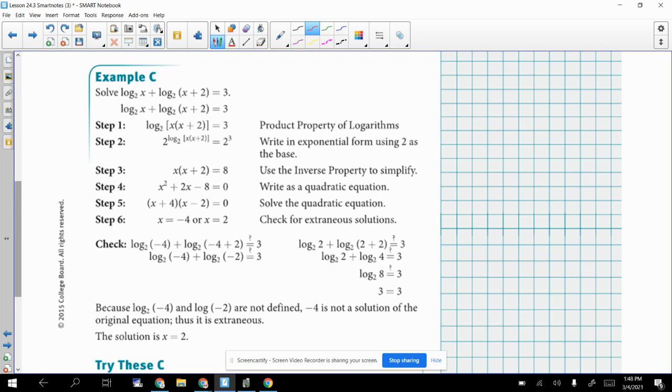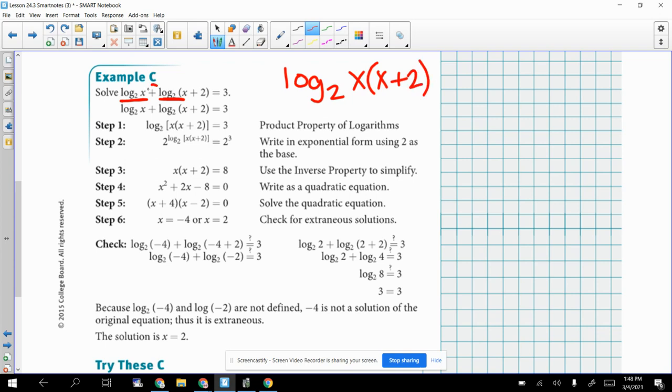Okay, so if you can tell here, this is log base 2 of x plus log base 2 of x plus 2. So since those have the same base, what you need to do is condense. Do you guys remember doing the expanding and condensing? So you need to use the product property here to write this as log base 2 of x times x plus 2.